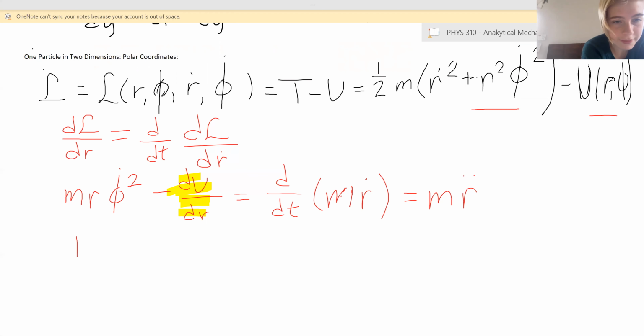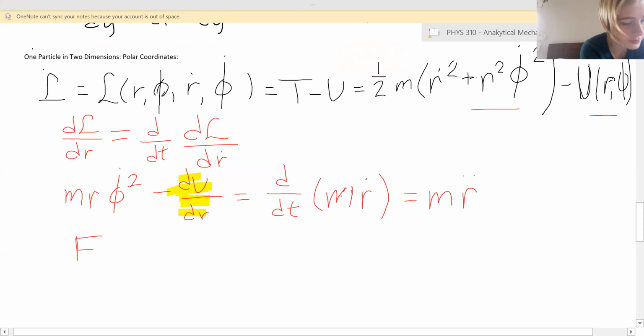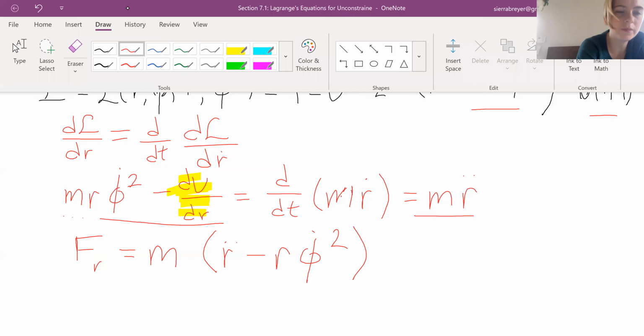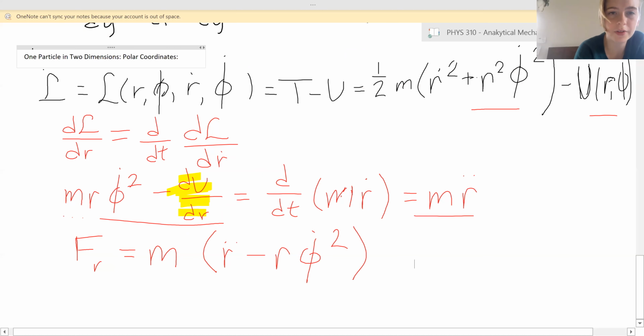So we can rewrite that just by putting everything else onto the other side and factoring out an m of everything. And this is the other side that we're talking about, these two sides. So we get r dot dot minus r theta dot squared. And that's what we end up with in sort of how the r is working out.